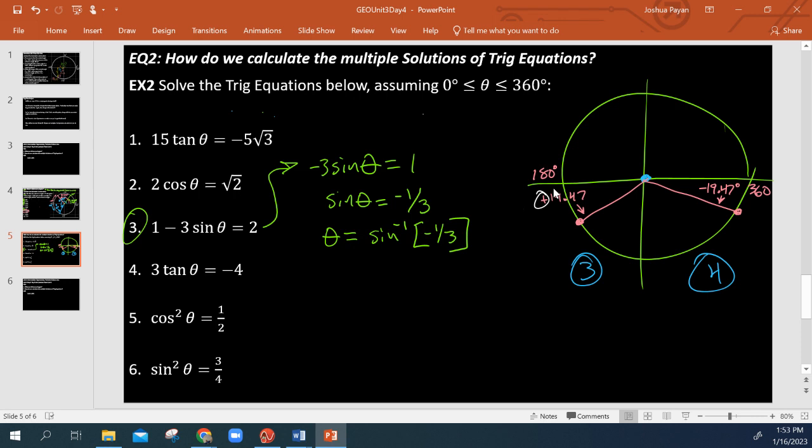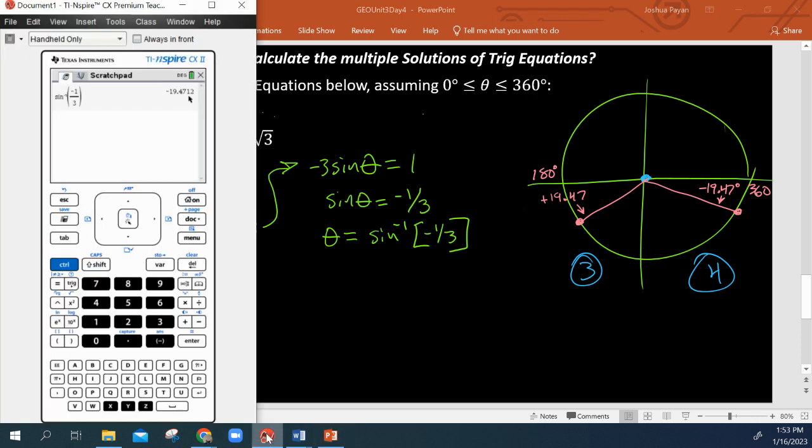Well, duh. How do we get larger? We add, right? On the flip side, to go from 360, which is right on the x-axis, down here into quadrant 4, we would have to go clockwise. So that means we have to get smaller. And how do we get smaller? Duh, we subtract. Okay, so that's how you know when to add or subtract.